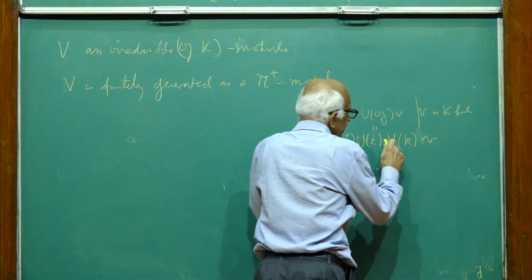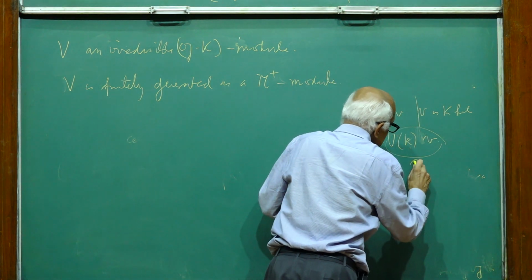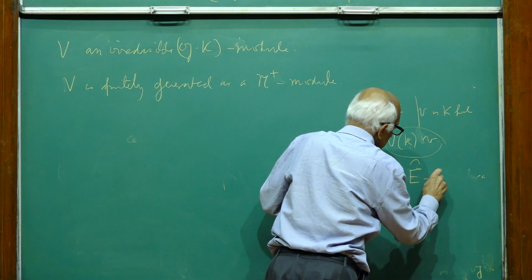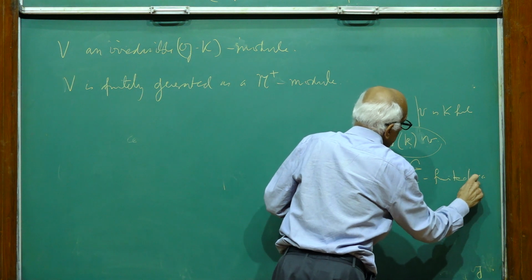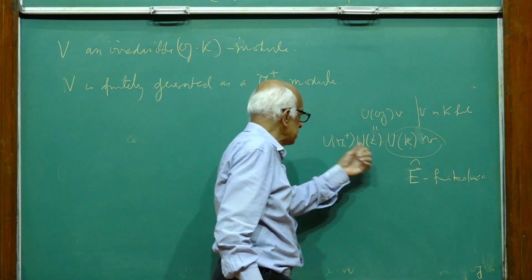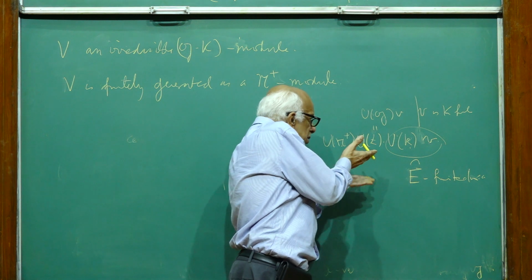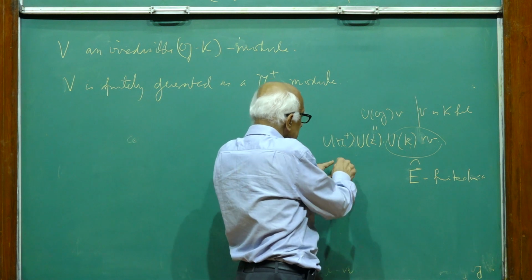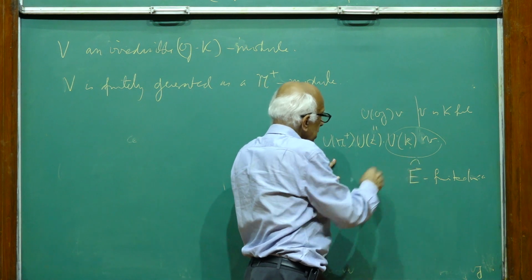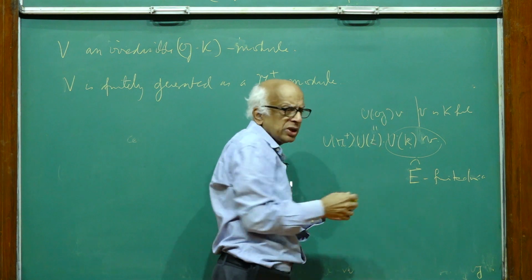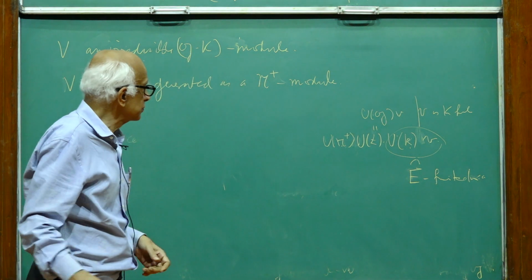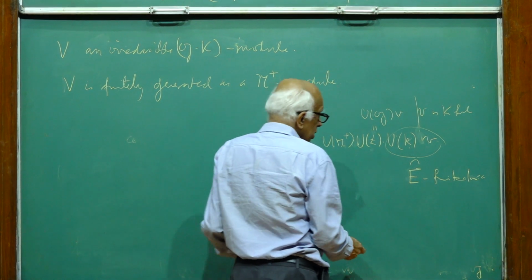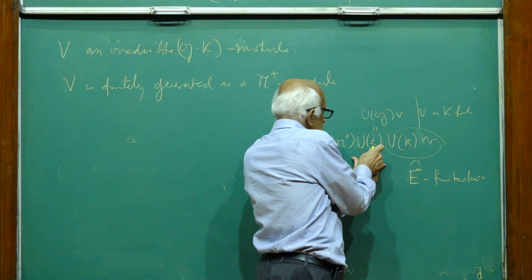And then U(k)v, because v is K-finite, sits in a finite dimensional subspace E. Then you have to apply U(t) and U(n plus), but if you look at the Harish-Chandra homomorphism, what it says is that if you take a central element, it can be written as something here, something here, something here, and this something here is what gives you the Harish-Chandra homomorphism.